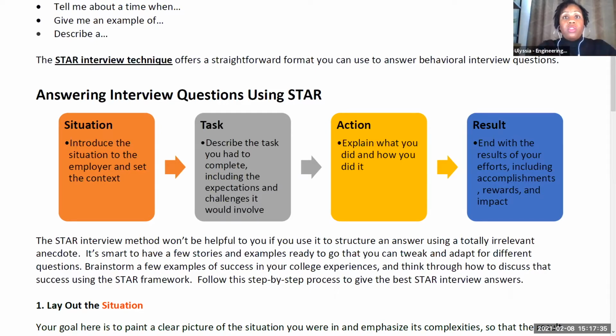Then you quickly move on to T, the task. Task basically summarizes the core problem that you had to solve in that situation or the core of what you needed to accomplish. So, going back to my example of a time when I went out of my way to help a teammate: situation, last semester during my lab class; task, I had a teammate that was responsible for booking the lab space so that our group could work together on our experiment.